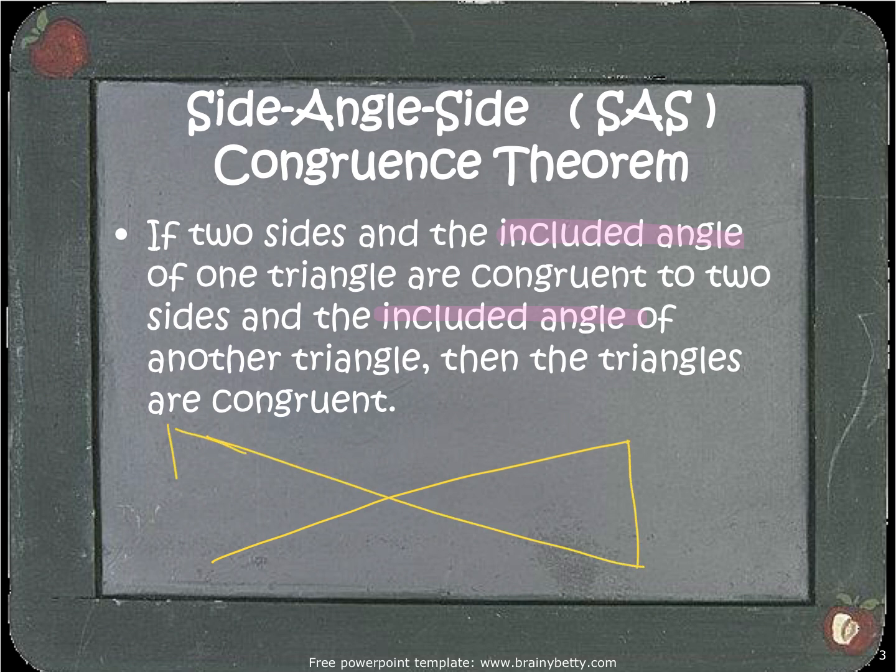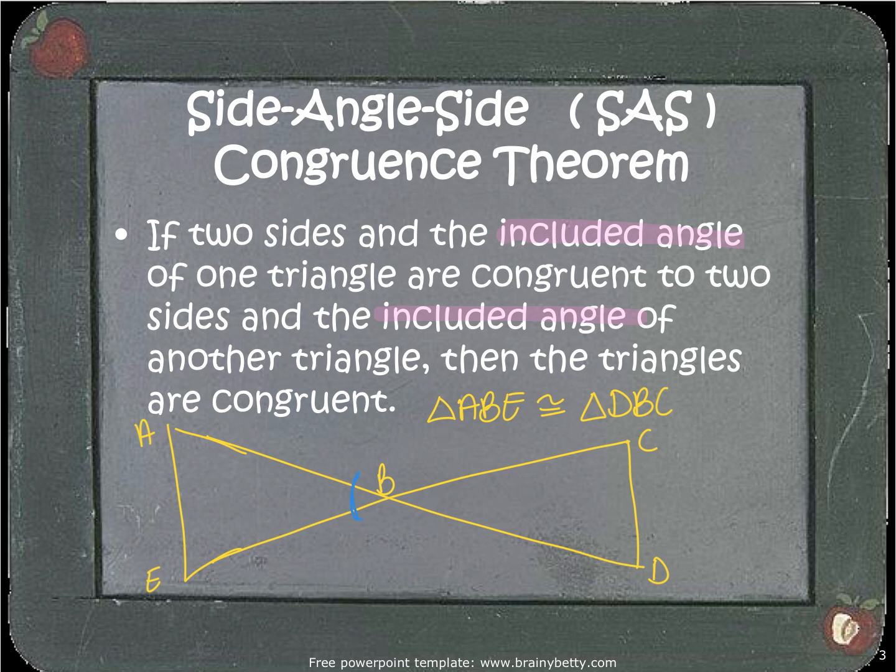So here is my triangle. If I had a congruency statement as triangle ABE is congruent to triangle DBC, let me go ahead and label it. I have A, B, C, D, and E. In order for it to be side, angle, side, pay attention to how I'm proving this. What angles are going to be congruent? My vertical angles.